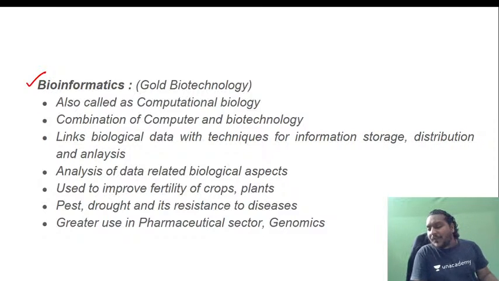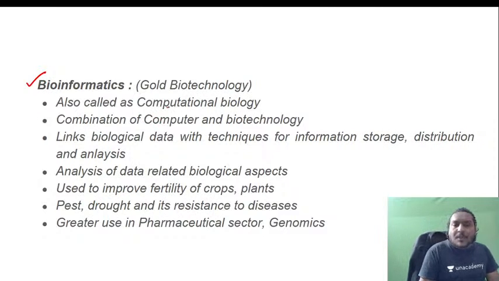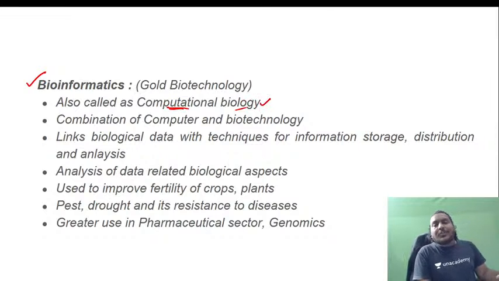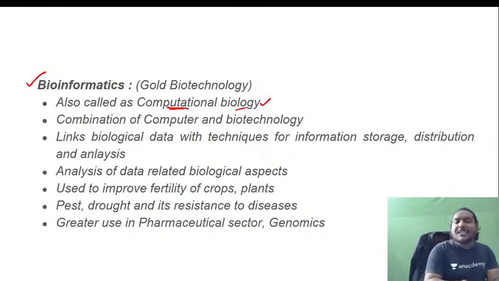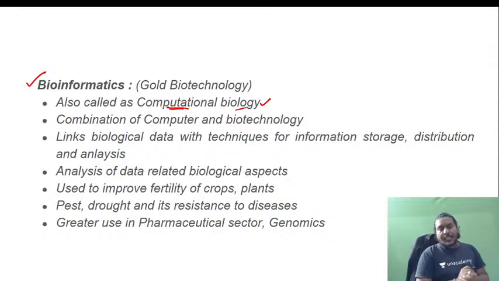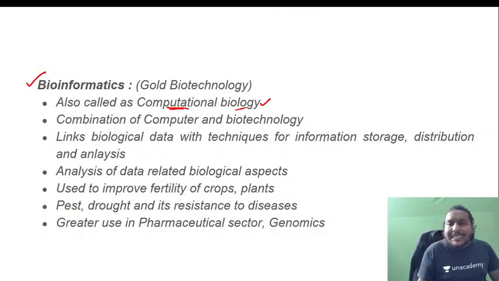The other name is computational biology, where you try to combine both the computer as well as biotechnology. You include the biological data and analyze it to get some information from that biological sample, and this analysis could be done very well.